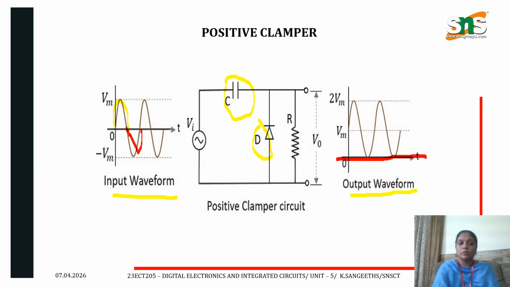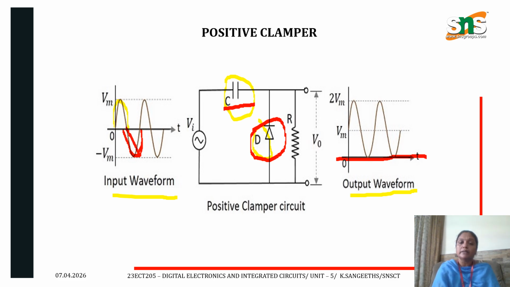Okay, so the main working principle of the clamper circuit: since it is a positive clamper, during the negative cycle of the input waveform, the capacitor C gets charged and the diode D is on. During this time the diode D is on, and it provides a path for the capacitor to charge.